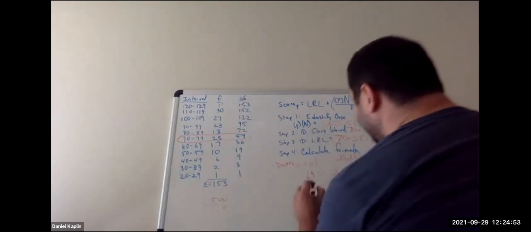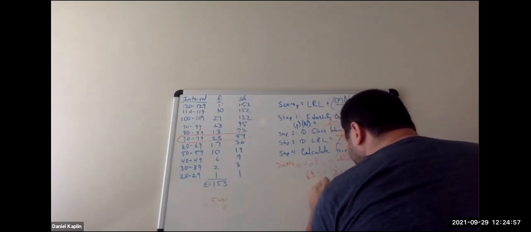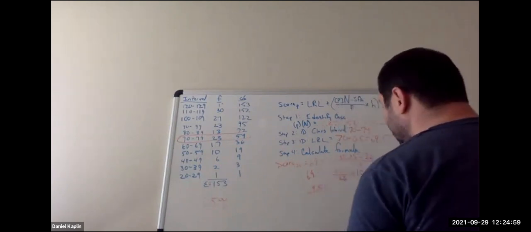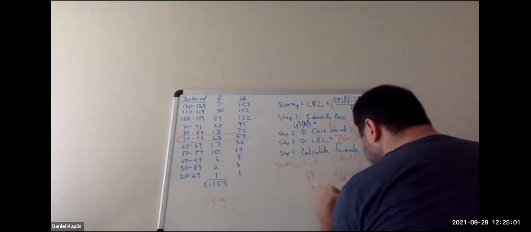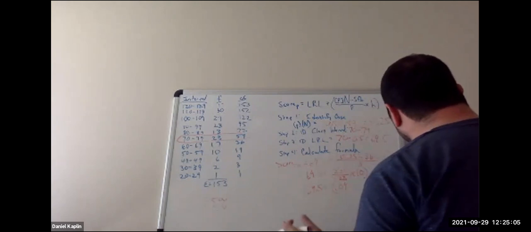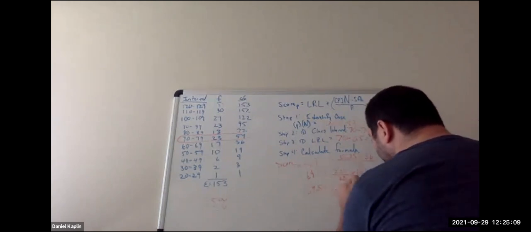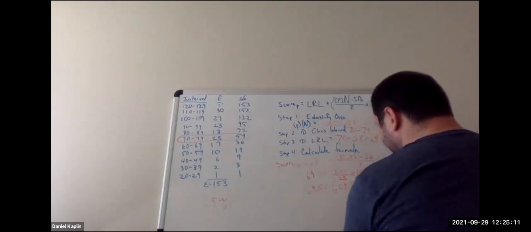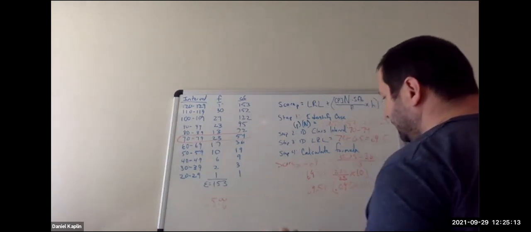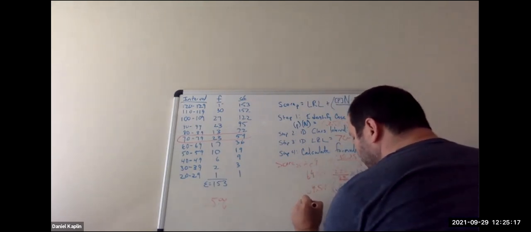So I'm going to carry that down: 69.5 plus, and I'm going to put 3 decimals here, 0.978, which is about 0.98, times 10. Great, now I can work this further.